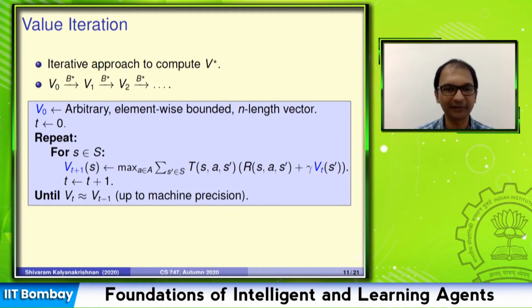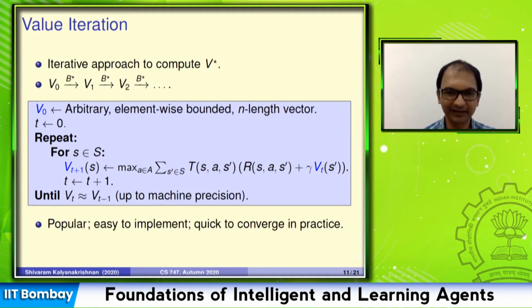Having stopped at Vt, when this condition got satisfied, you'll basically act as though the Vt that you have is V star. Even though in theory it's not, in practice it's close enough to V star, so we just think of it as V star. This method is maybe the most straightforward thing to do, because we know that V star is a fixed point of B star.